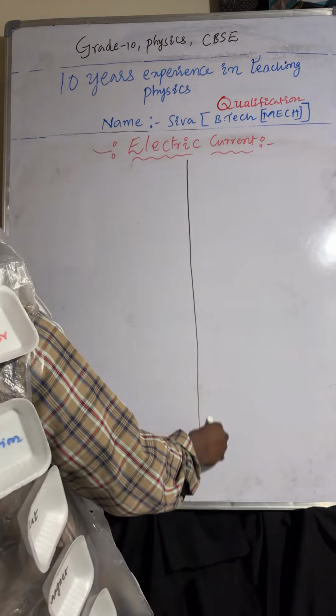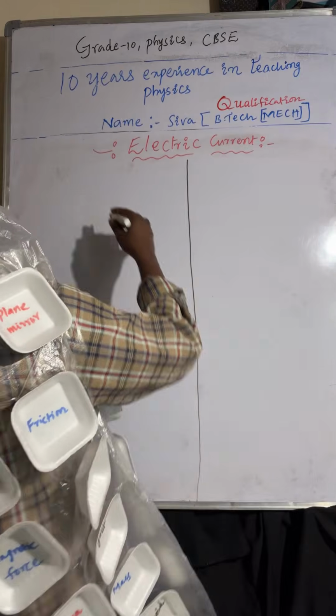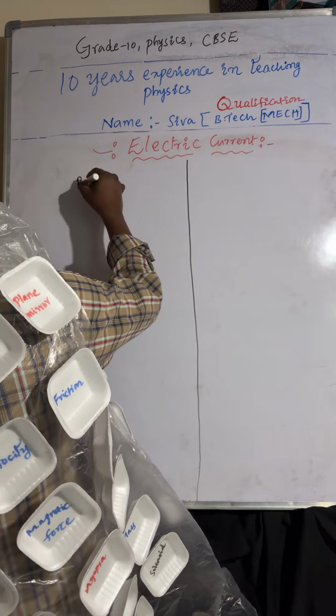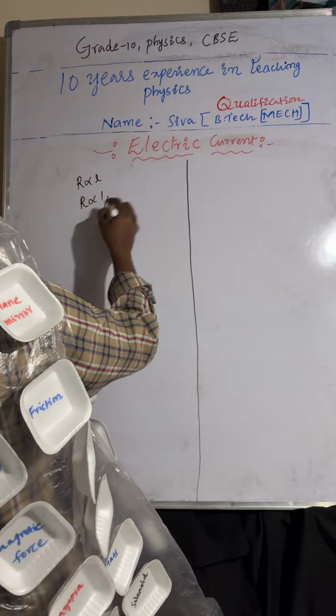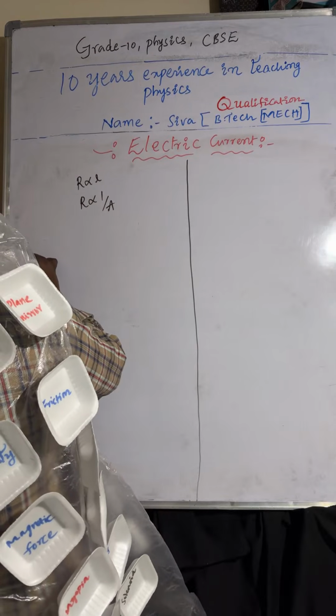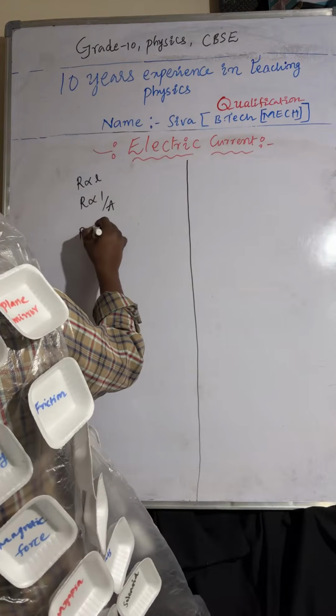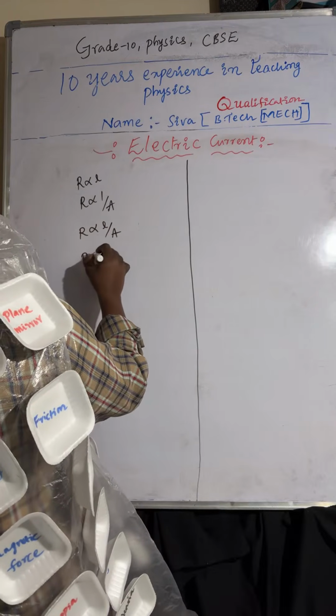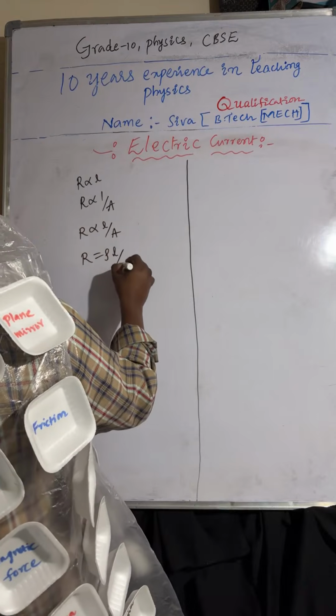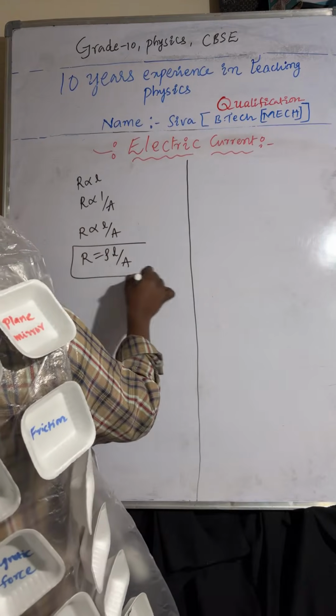Resistance and resistivity. Resistance is directly proportional to the length of the conductor. Resistance is inversely proportional to the area of cross section. So resistance is directly proportional to L by A. R equal to rho into L by A.